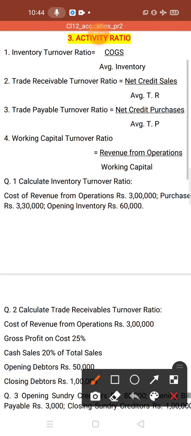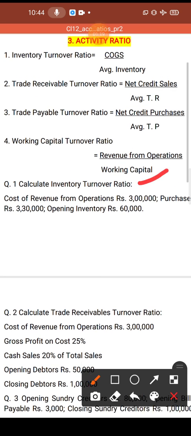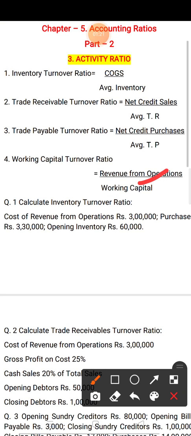The first is calculate inventory turnover ratio. In this, cost of revenue from operation, it means COGS, is given 3 lakh, purchases 3,30,000, opening inventory is given 60,000, and the formula for inventory turnover ratio is COGS upon average inventory.